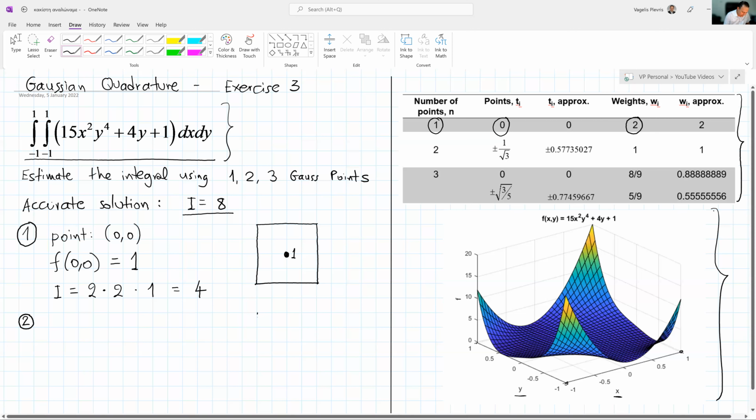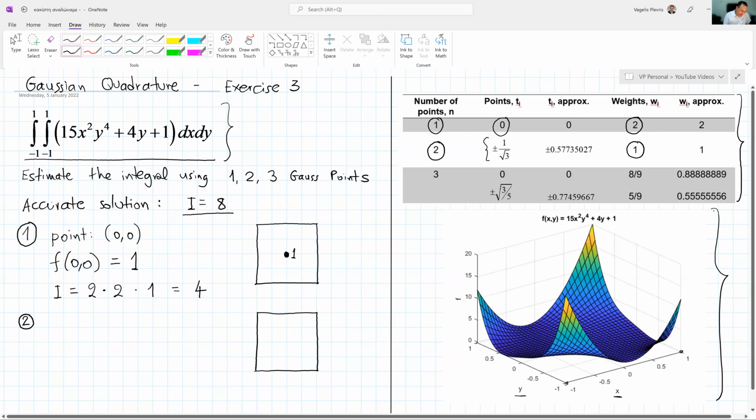Now we have this picture where again we have the interval, the region here, -1 to 1 for x, -1 to 1 for y. And now we go to the table and you will see that with 2 points, these are the values of the points and the weight is 1 in each case.